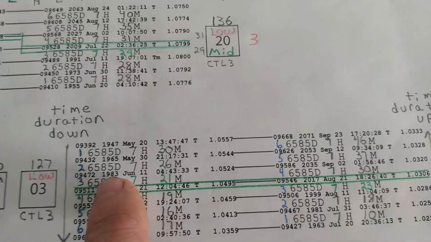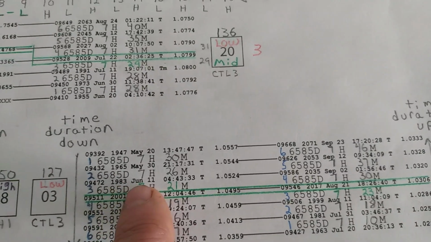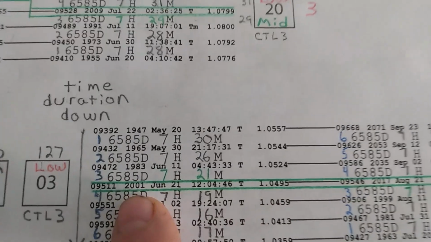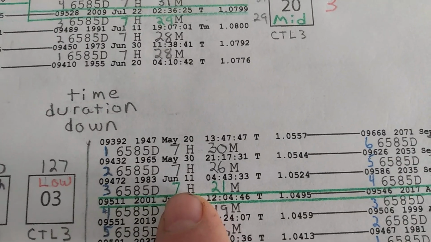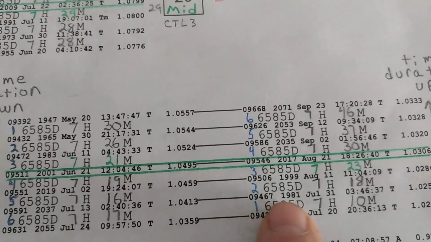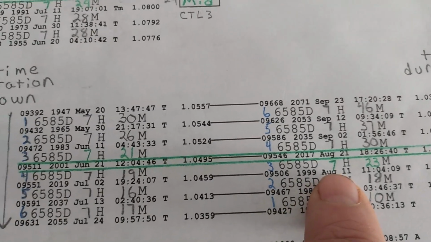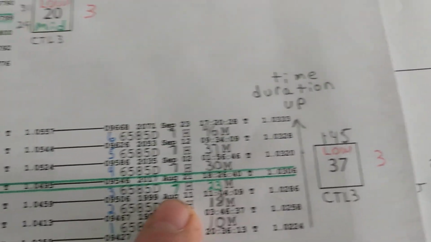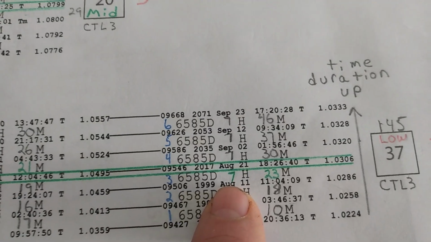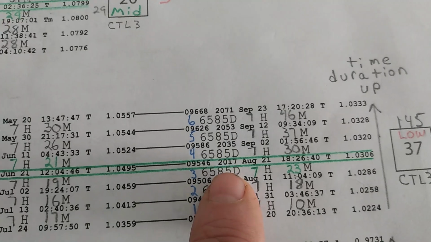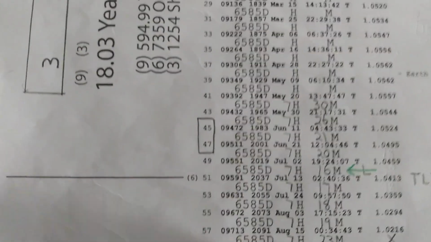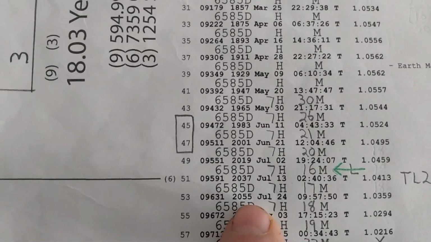Well, from this, go from the 1983 June 11 to the 2001 June 21. That comes out to 7 hours 21 minutes. And the other side over here on the 37 comes out to 7 hours 23 minutes, going from 1999 to 2017. The reason I want to show you that is because these are the same numbers over here, the same.